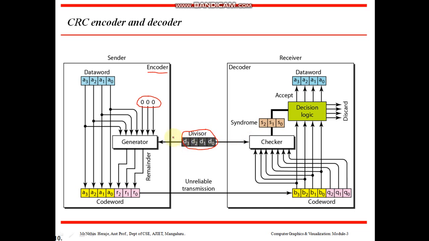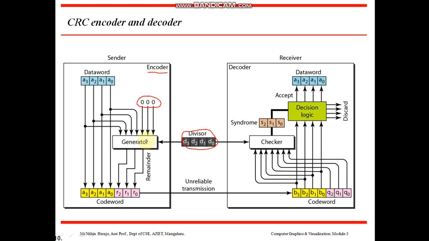So you'll have a divisor here, then this generator is going to find the remainder. Okay, we'll see in the next slides how we calculate these things, that is how the generator is going to generate the remainder with the given data word and the divisor.